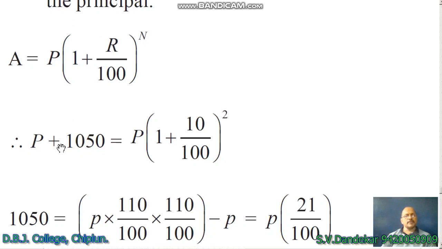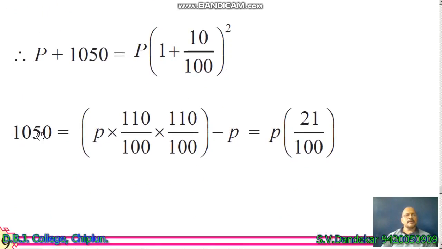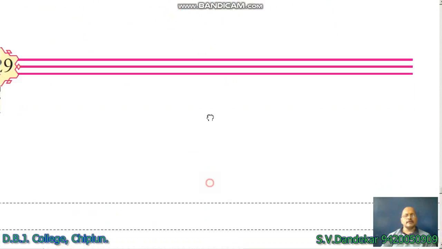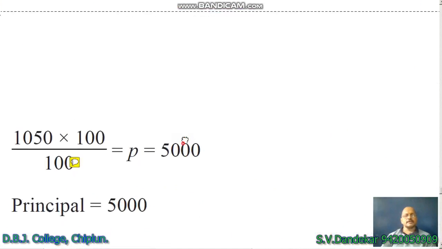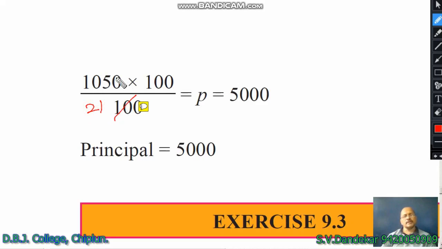So principal plus interest is equal to P into 1 plus 10 by 100 square, and therefore 1050 is equal to P into 110 upon 100 into 110 upon 100 minus P. It is P into 21 upon 100. Again now there is correction, here 100 is not there, 21 is here. This term is incorrect, here it should be 21, then only the answer is 5,000.